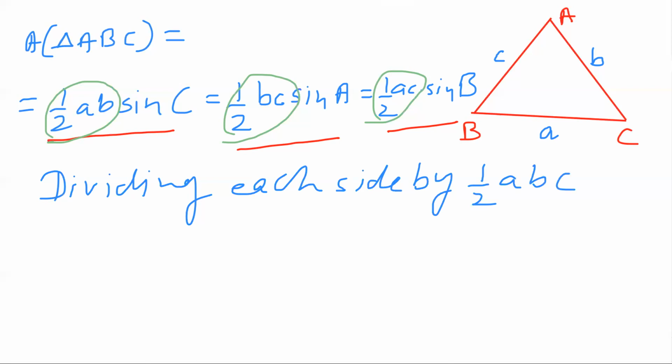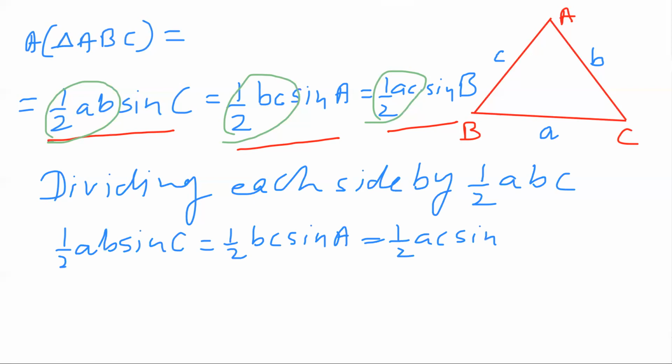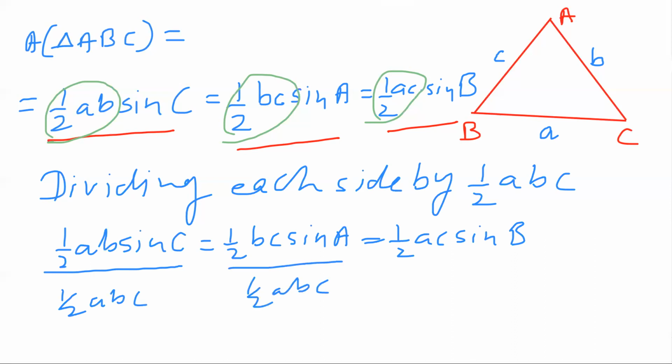Let me write it again: half ab sine C equals half bc sine A equals half ac sine B. Now we are going to divide each side by half abc.